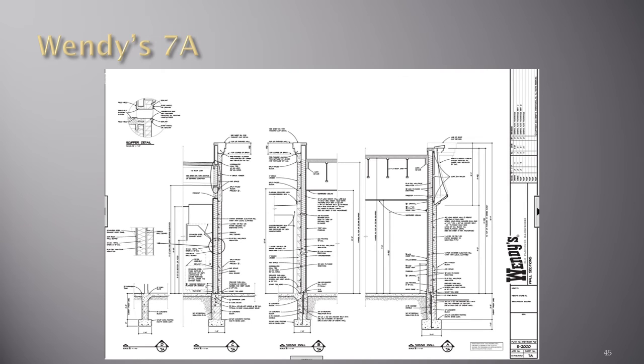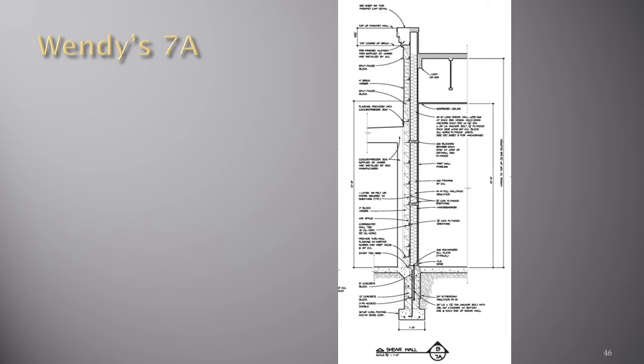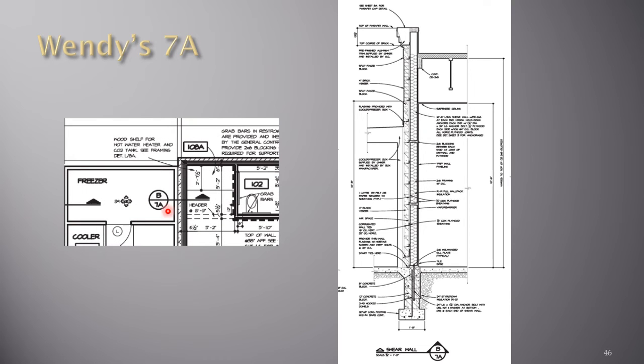Turning to Wendy's sheet 7A, I want to draw your attention to this section here, section B, here it is a little larger. And where does this section come from? We have to go back to sheet 4, and we see that section B is cut through the freezer and the wall into the restaurant space looking towards the outside of the building.